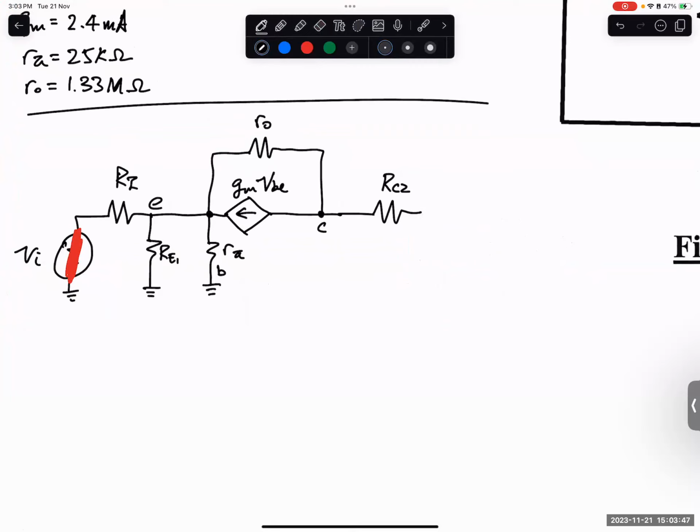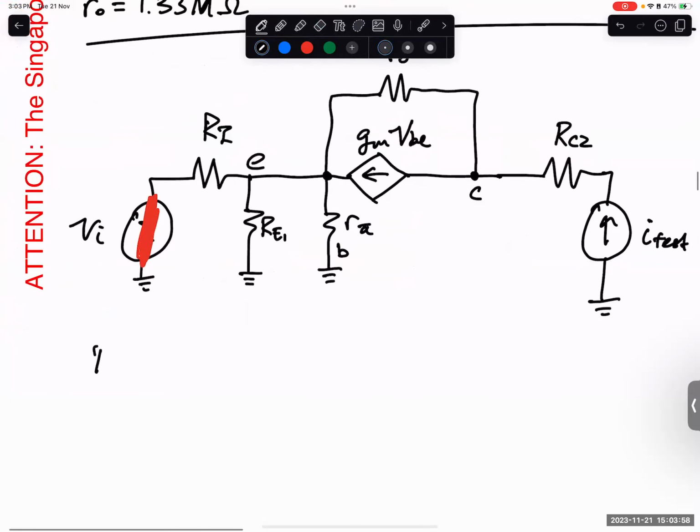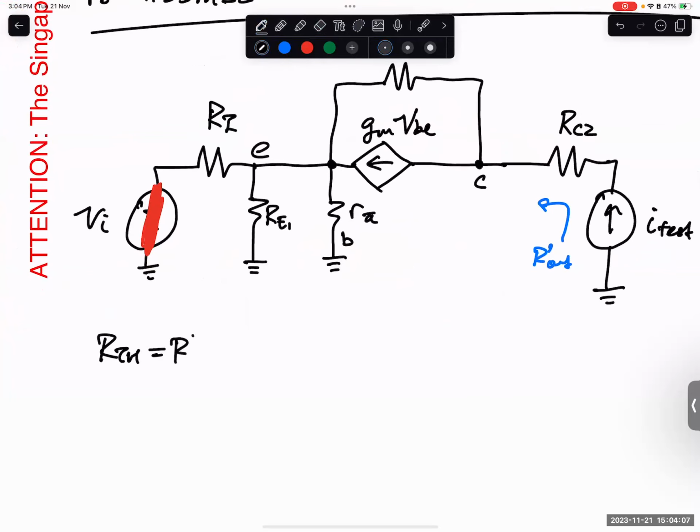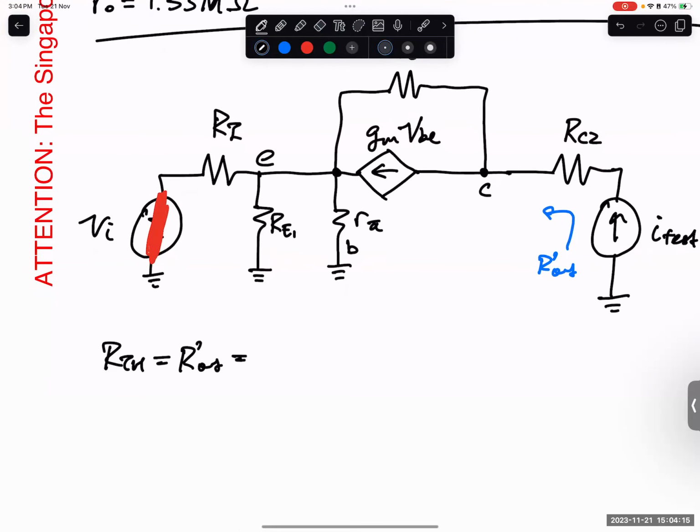Remember, we just need to do a test. I test. So RTH equals R prime out. R prime out equals V test over I test.